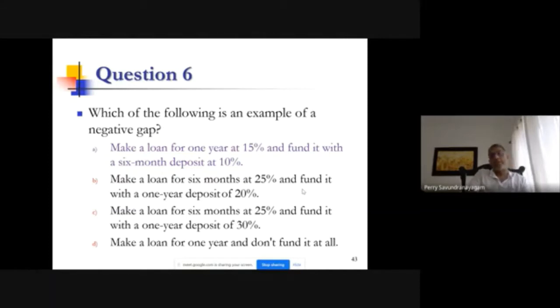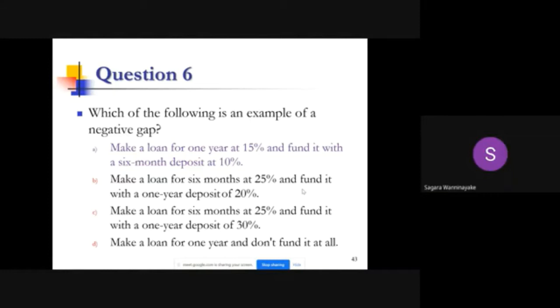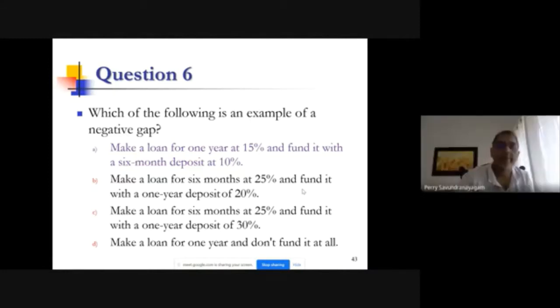Which is a negative gap? A. Yeah, I think I've highlighted it already there. Okay.